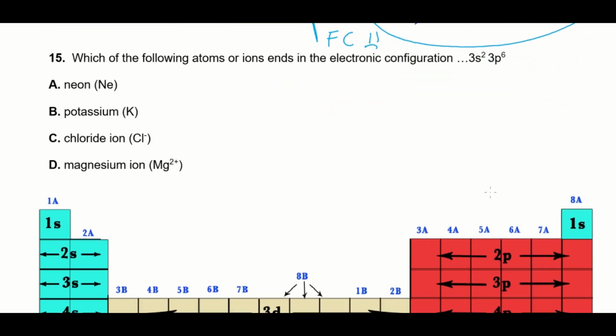All right, which of these atoms or ions end in 3s2? Well, the s block is here, so we've gone through there, and then the p block is here. So this represents 3p1, 3p2, 3p3, 3p4, 3p5, 3p6. The answer is going to be argon. Oh, argon is not a choice. Okay, hold on.